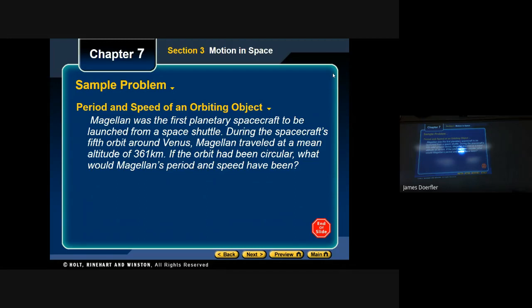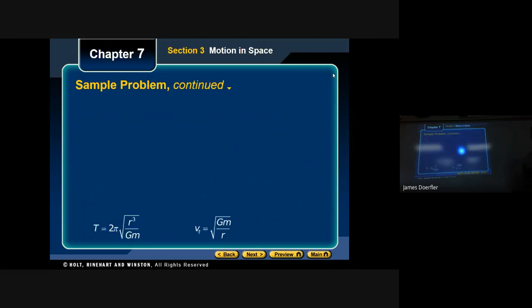Now again, the previous slide states that these calculations are for a circular orbit, whereas we know that planetary orbits are elliptical. These are circular, and we have a satellite in this situation.